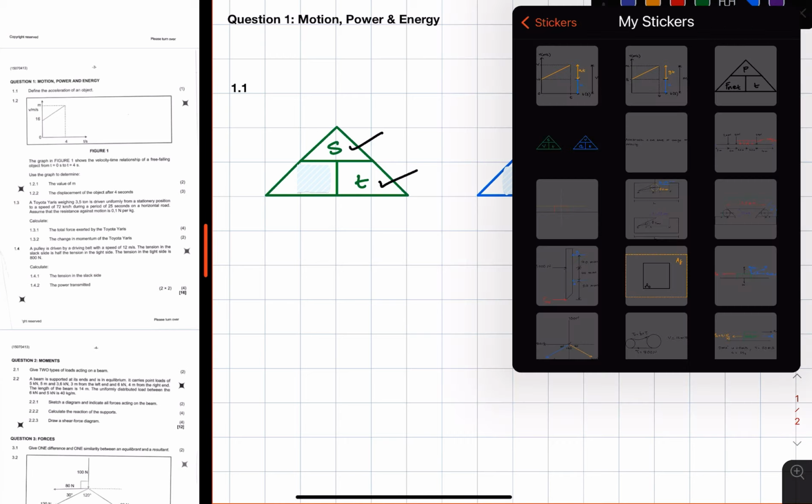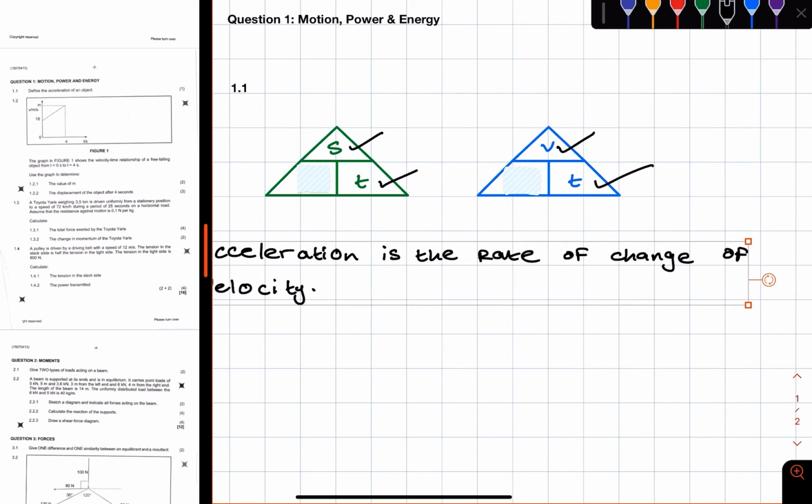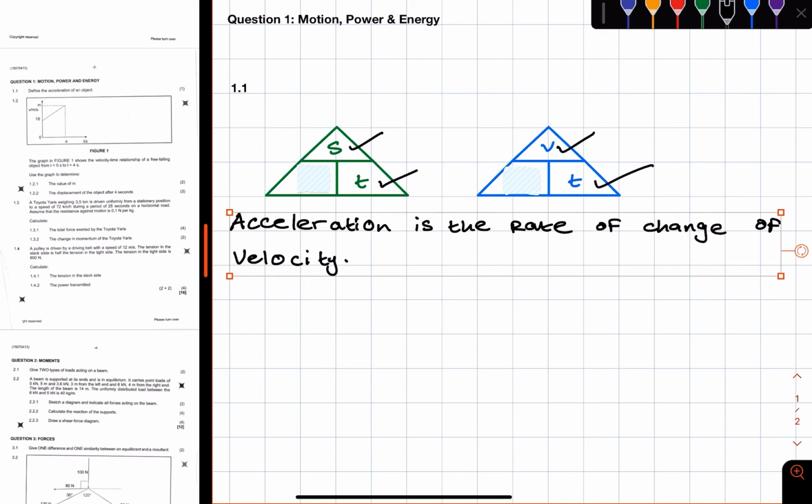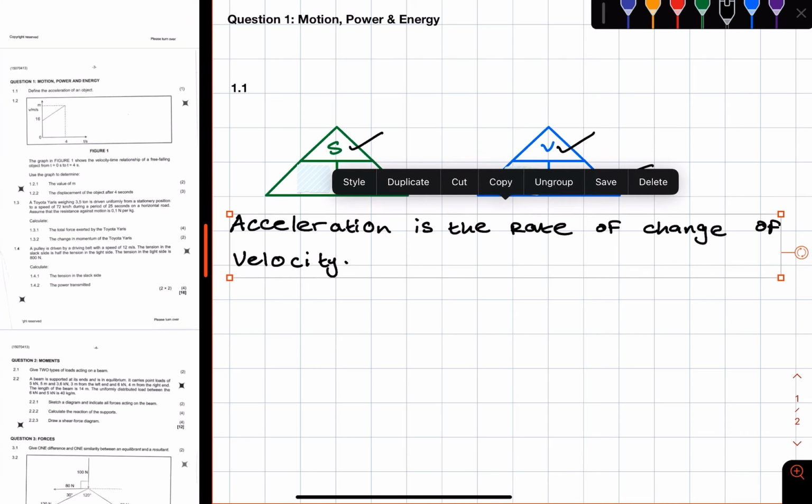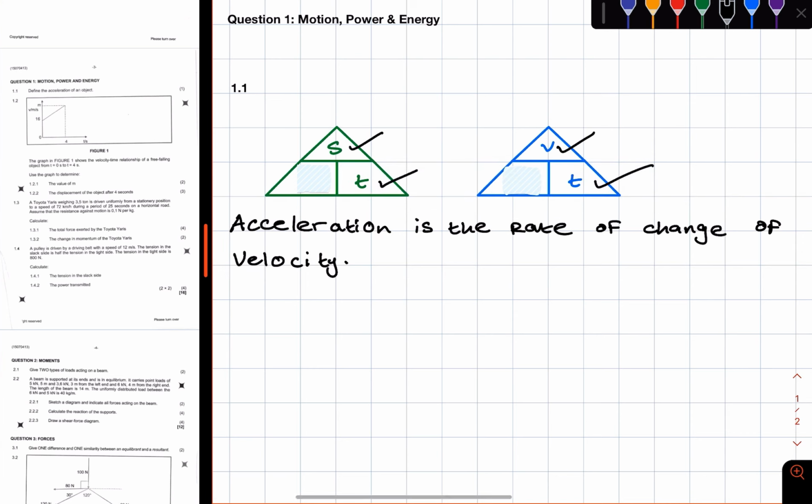So acceleration put into words is the rate of change of velocity. Now you obviously do not have to jump through all these hoops just to define acceleration, but I'm just showing you how easy it is to define the likes of velocity and acceleration or any other variable that would be on the left of any triangle, right?